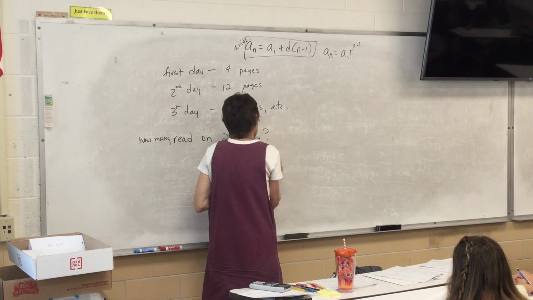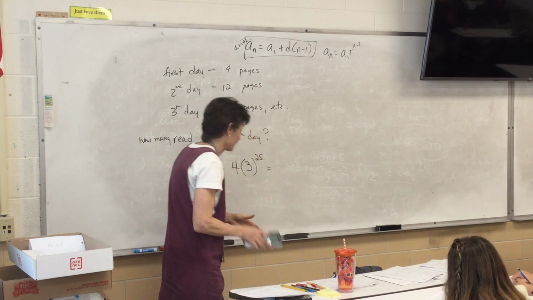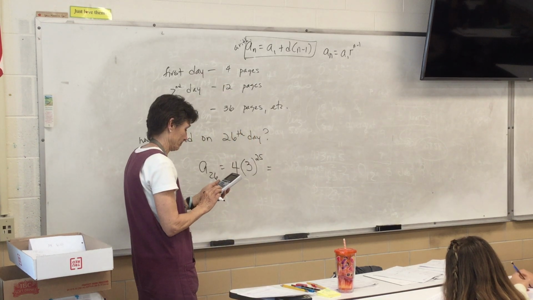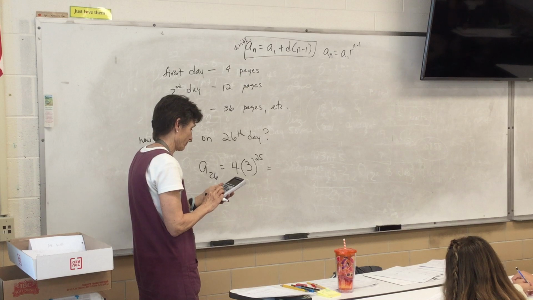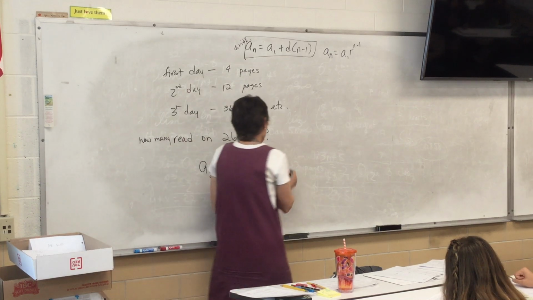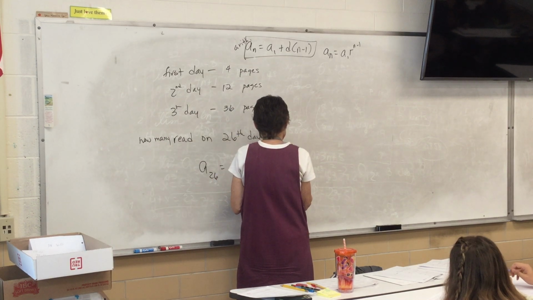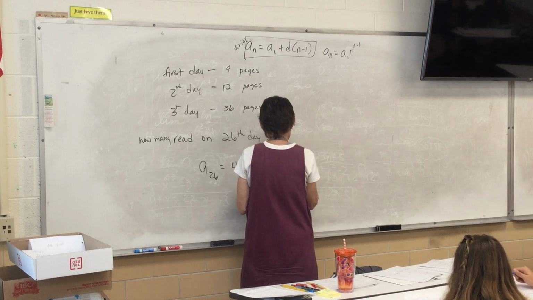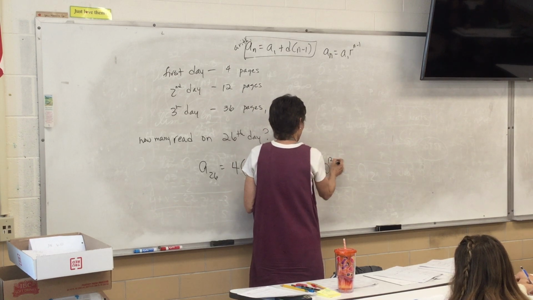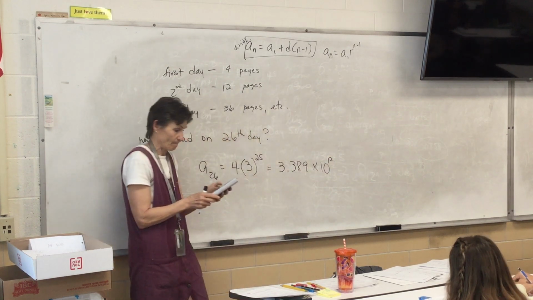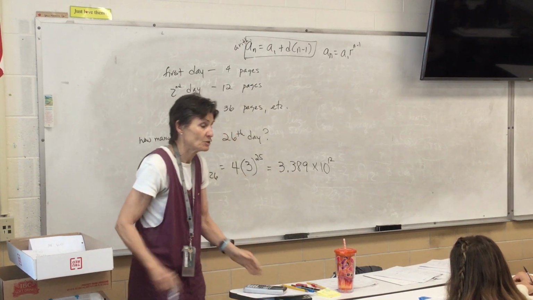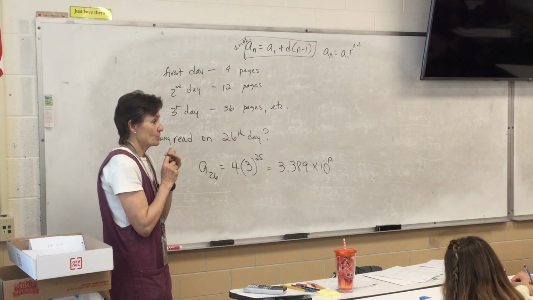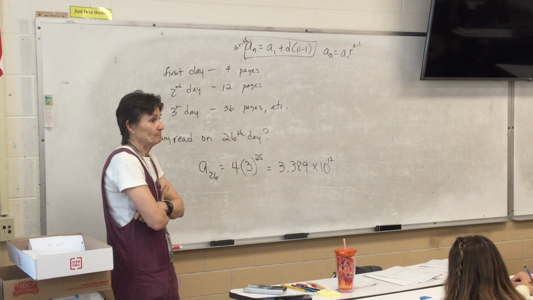Oh, this is going to be a huge number. Remember, you have to include scientific notation, so this is times 10 to the 12th. You're going to read a lot of pages on the 26th day.